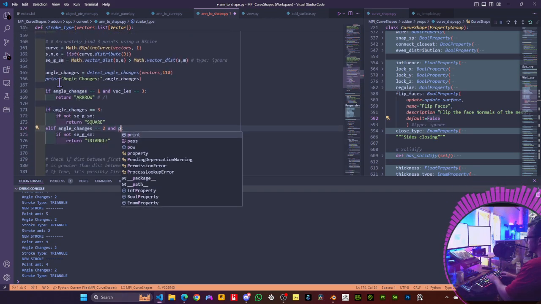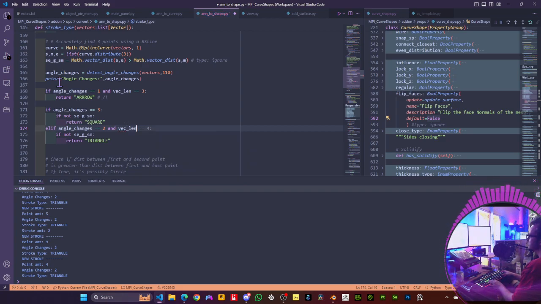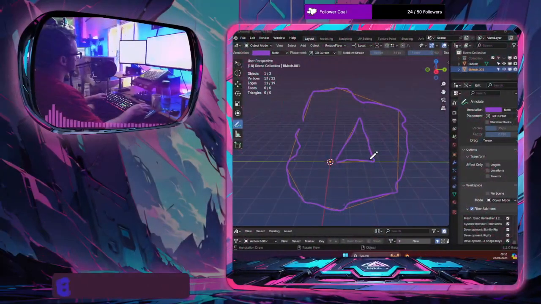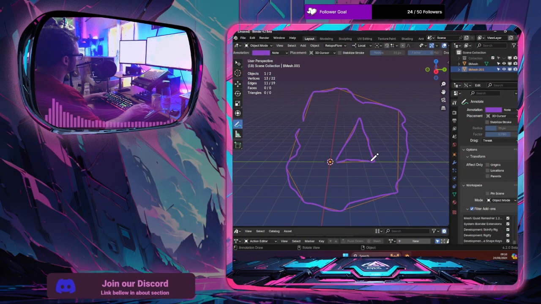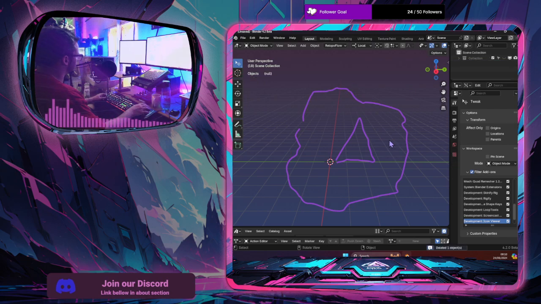I got vec length, okay. I said 5, right? Yeah, smaller than 5. I think we can get away with that. Yeah.